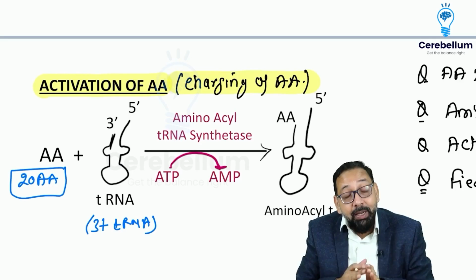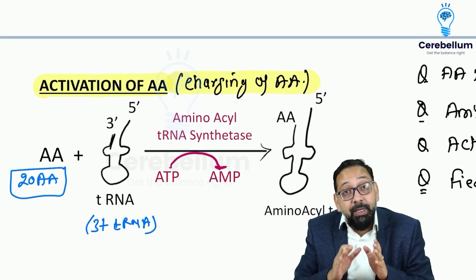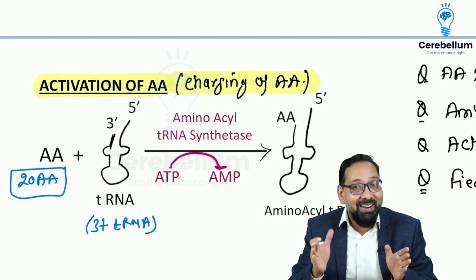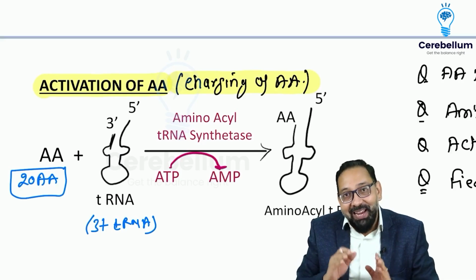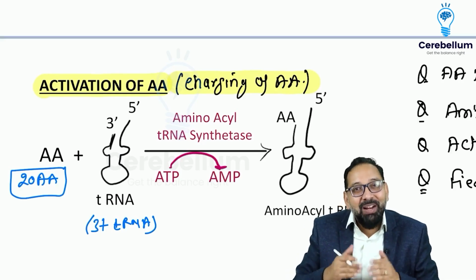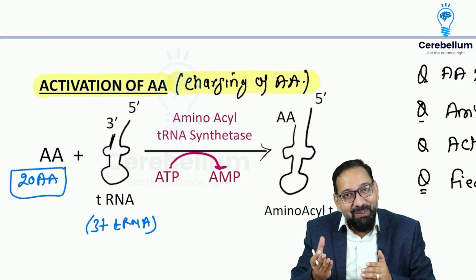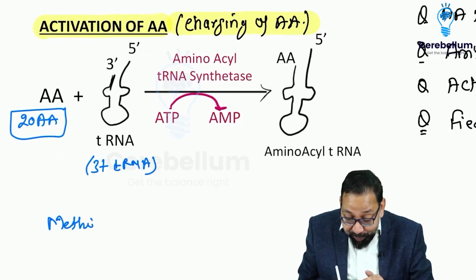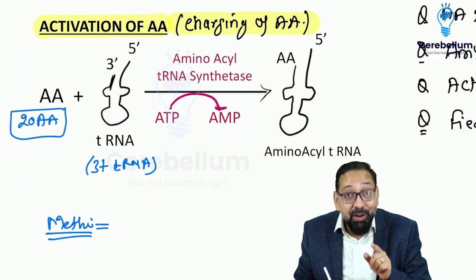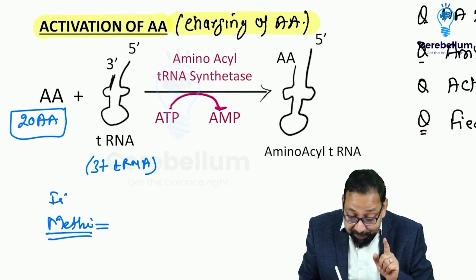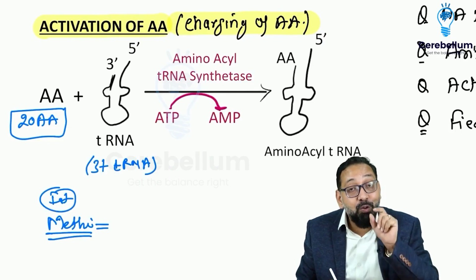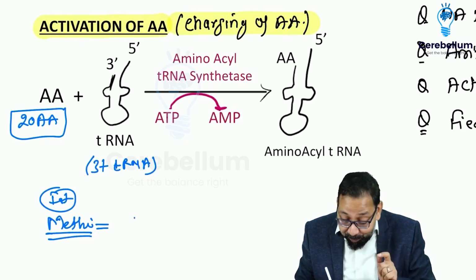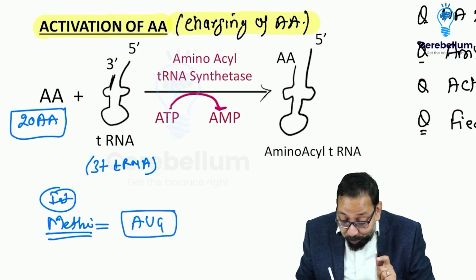So each amino acid has its own transfer RNA, or CAR. Few who are rich have more than one CAR. One person has a VIP CAR, that is methionine. Methionine has a VIP CAR because the first amino acid in protein synthesis is always methionine, and the codon for methionine is AUG.